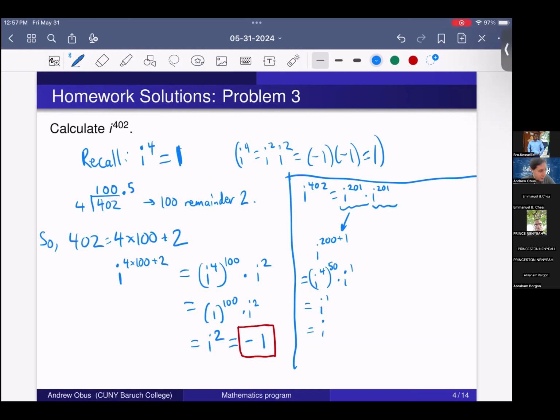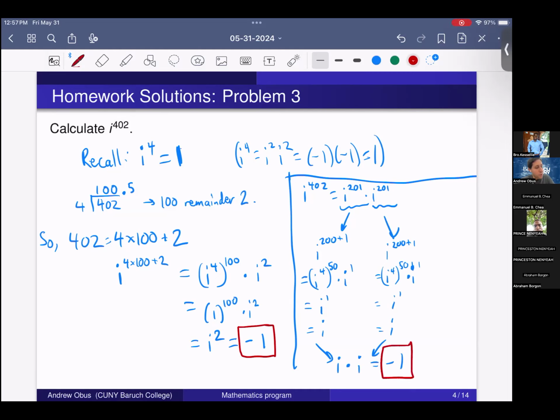And then same thing here. You have i to the 200 plus 1, which is i to the 4 to the 50 times i to the 1, which is i. So in the end, you're multiplying these together, so you get i times i, which by definition is -1.